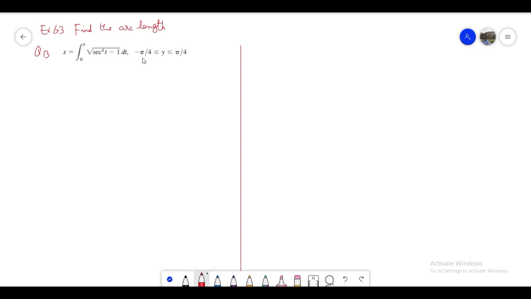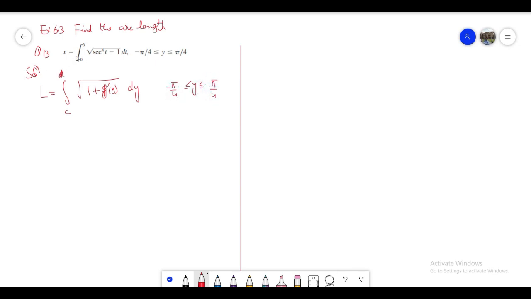And we know that in order to compute the arc length, we have the formula. Maybe I can write the solution over here. Length is given, since it is in terms of y, so this is c to d, of root of 1 plus (g'(y))^2, dy, and of course y is ranging between minus pi/4 to plus pi/4.